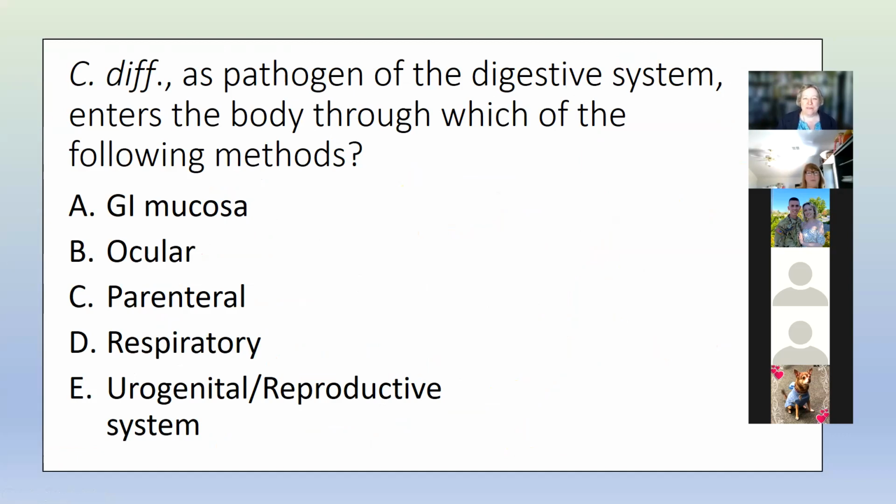As a pathogen of the digestive system, it enters the body through which of the following methods? And yes, there is more than one right answer.